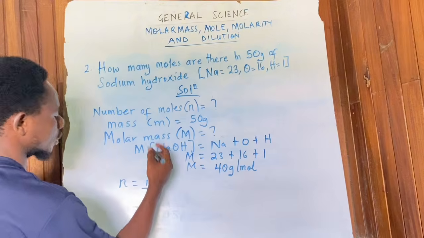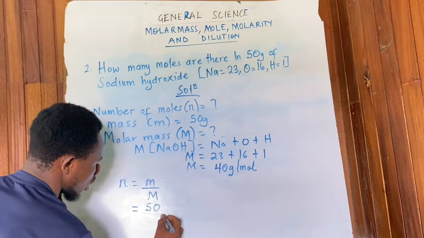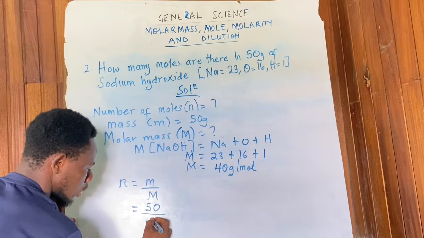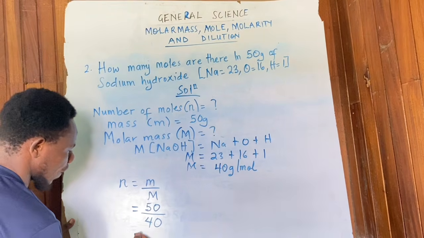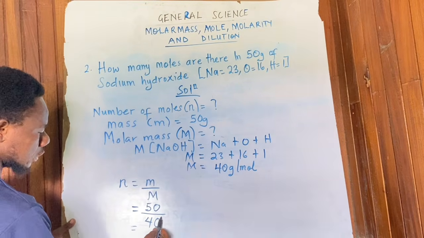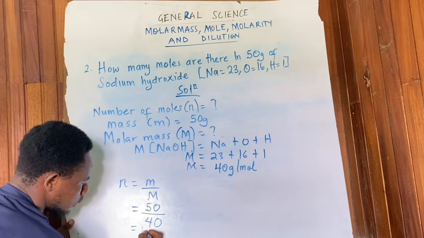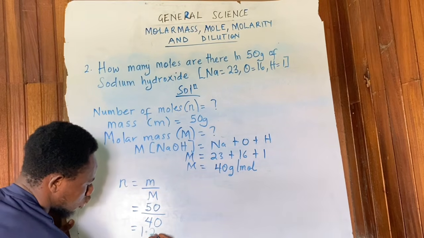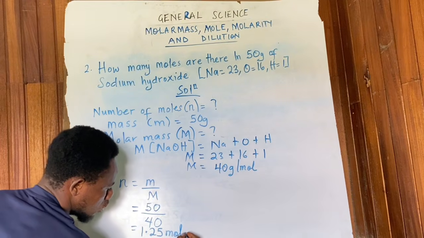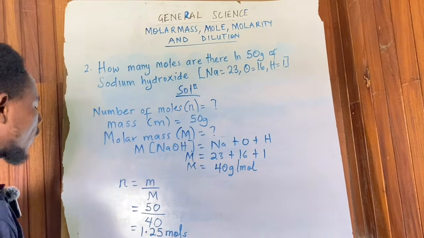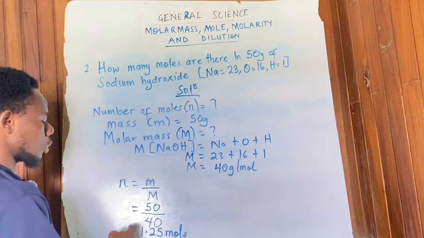Mass is 50 on 40, which is the same as 5 on 4, because this 0 can cancel this 0, of which we are going to get 1.25 moles. This means our amount of substance is 1.25 moles.